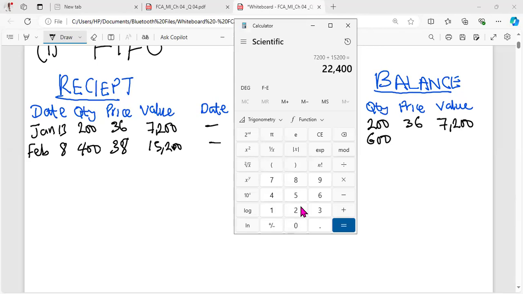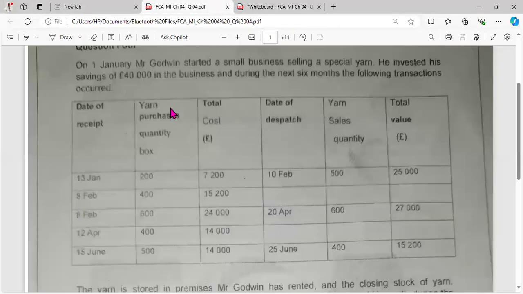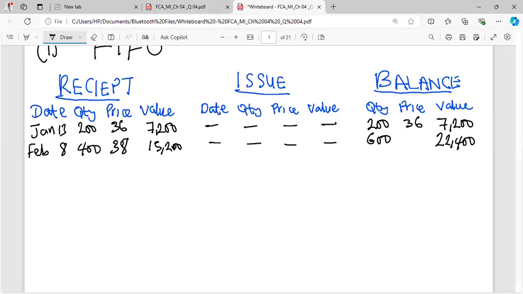So it becomes 22,400. We don't put a price here, forget about that. The next one is on the same February 8th, we received 600 valued at 24,000. So this is February 8th.